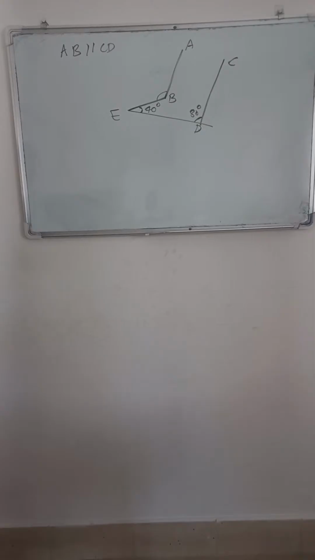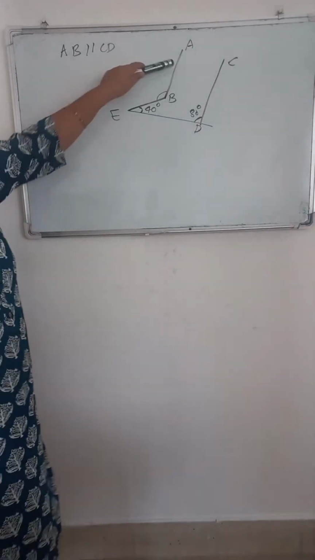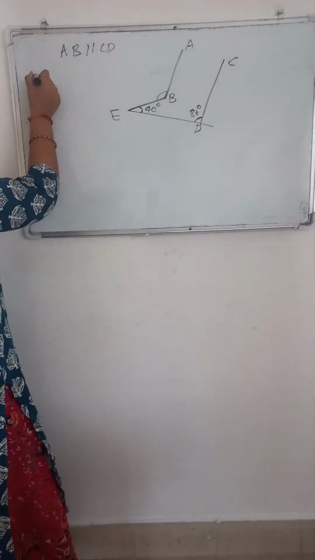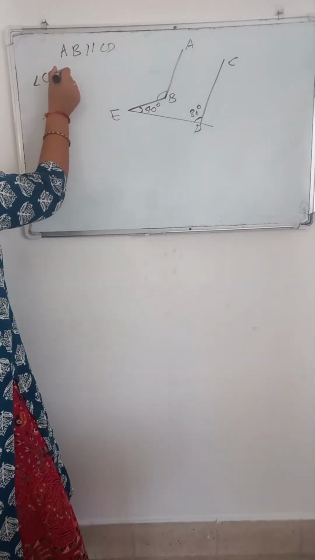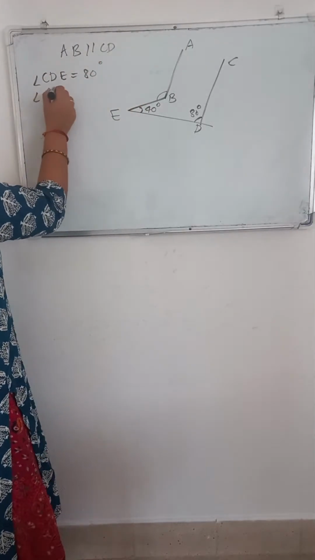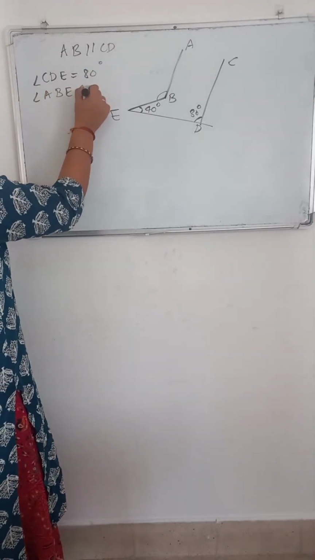From this given information, how can we find out ABE? If we want to find this ABE, you should know corresponding angles, co-interior angles, alternate interior angles. They already gave angle CDE as 80 degrees, and another angle as 40 degrees.